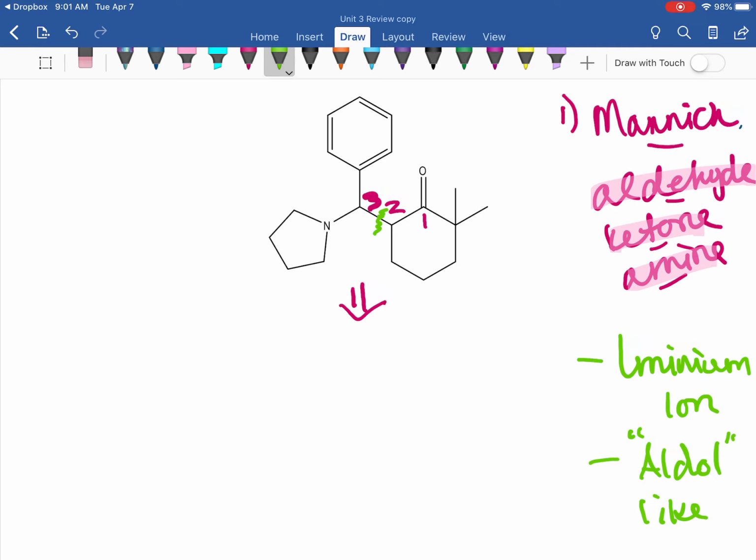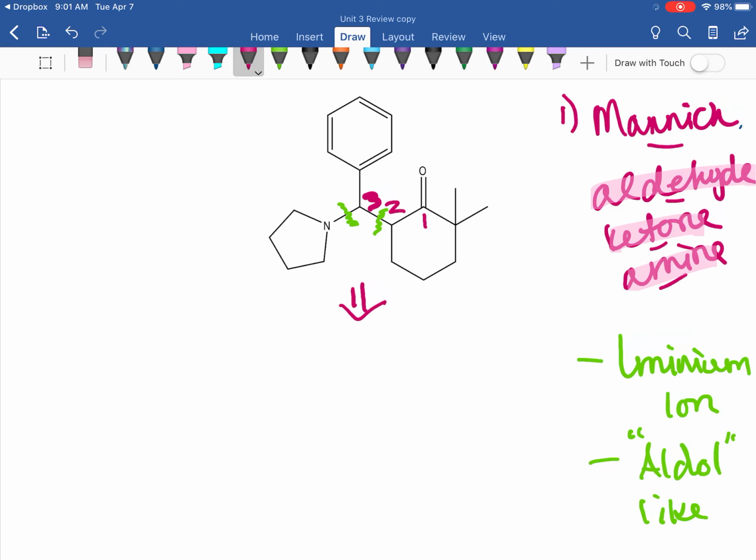Okay, so let's see if we can identify then what bond we're going to make for that iminium ion. We kind of have 2 choices, here or here, but really you need the iminium ion to contain that nitrogen, so it's got to be that one.